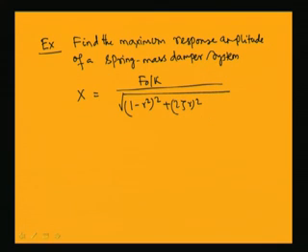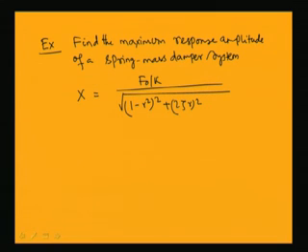So, this will have a maximum amplitude when this denominator is minimum. So, we have to find for what value of r this denominator is minimum. For that I can take a function f equal to (1 minus r square) whole square plus (2 zeta r) whole square. So, this should be minimum.